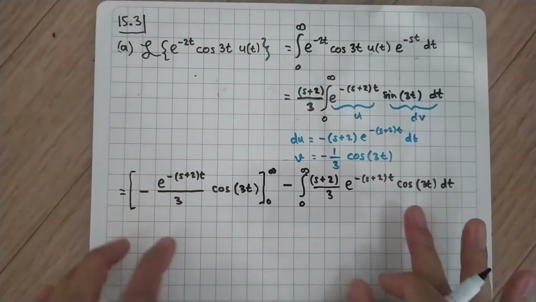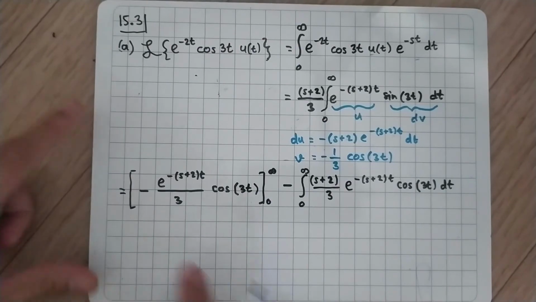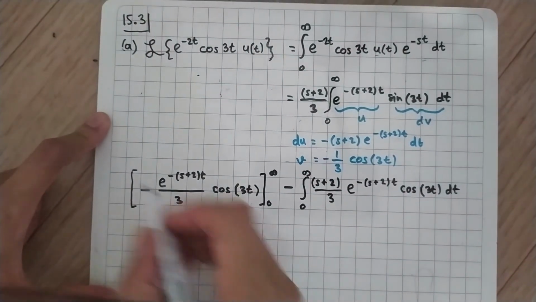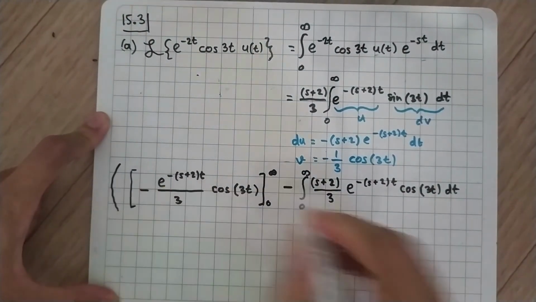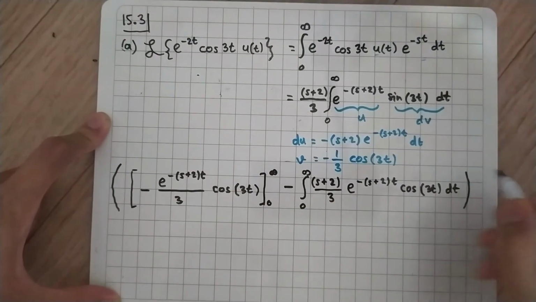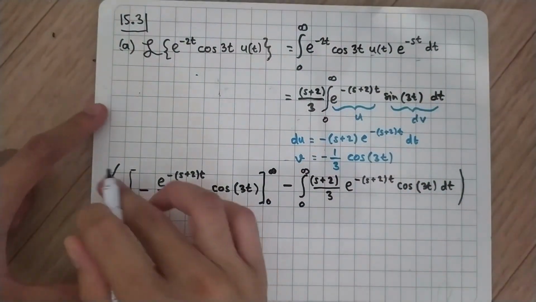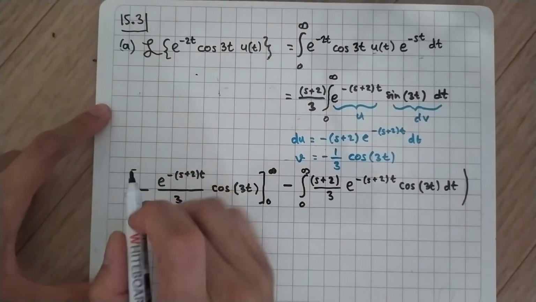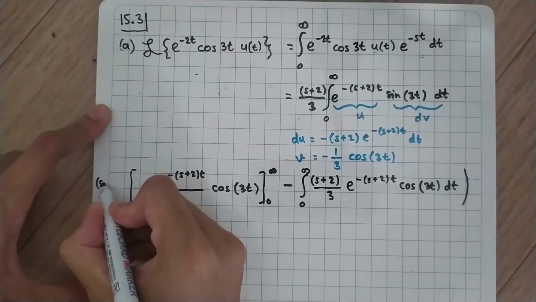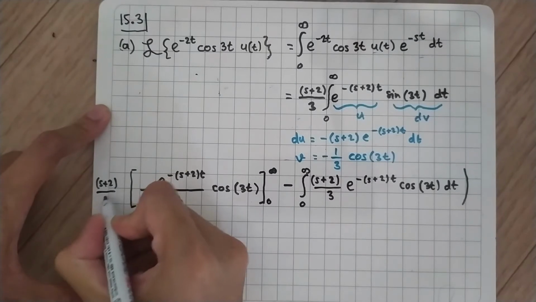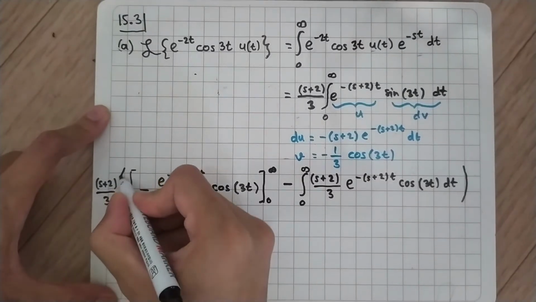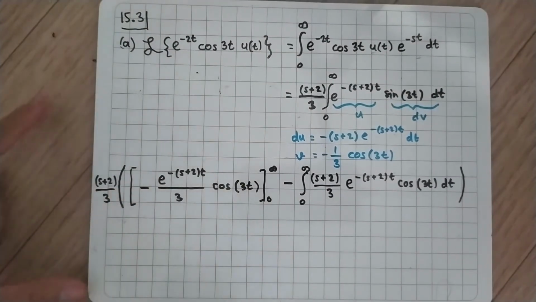And don't forget that this is only the integration part, so we need to multiply all of this with this one, the constant. So I will put it here. I will have s plus 2 over 3 and our big parenthesis here, and let's calculate this one.